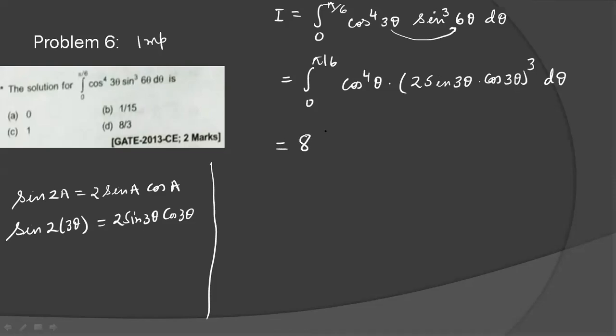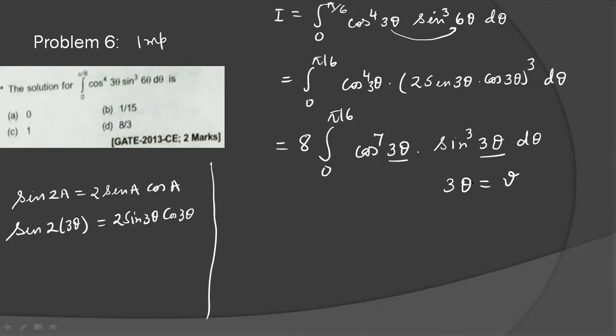2 cube means 8, we can take outside, 0 to pi by 6. Cos to the power 4 and 3, here it is 3 theta. So it will be cos to the power 7 of 3 theta into sine cube of 3 theta d theta. Now 3 theta, we can assume a new variable as v.